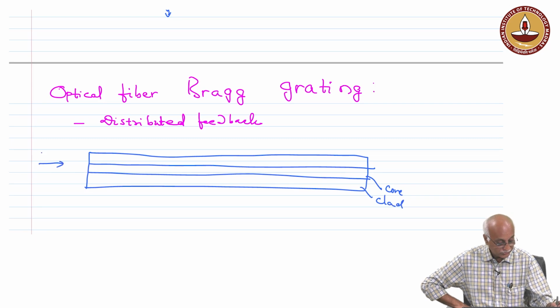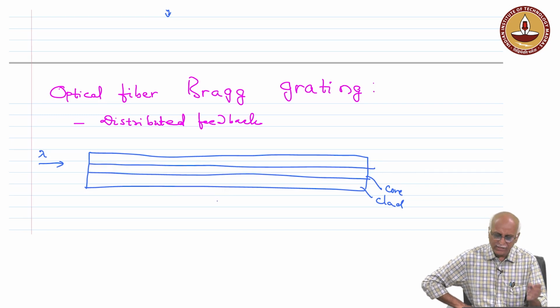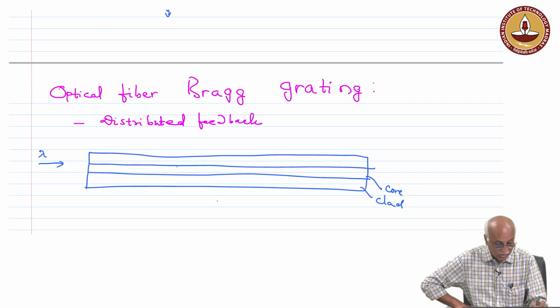Now, this light which is getting transmitted, and if I induce a grating structure over here. What it means is that I induce by some means a refractive index change in this core region, a periodical refractive index change. That means the refractive index is periodically changing.